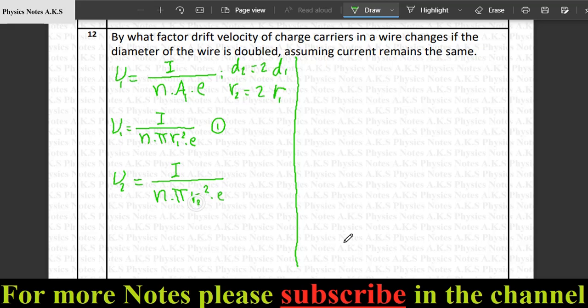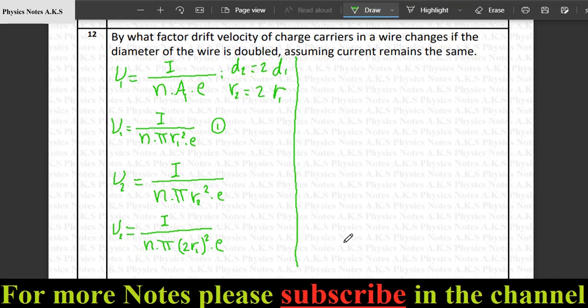And of course R2 is actually double R1, so V2 equals I divided by N multiplied by pi multiplied by 2R1 squared multiplied by the charge of one electron. Notice here that both the 2 and R1 are included in the squared here. So the squared is for both of them.